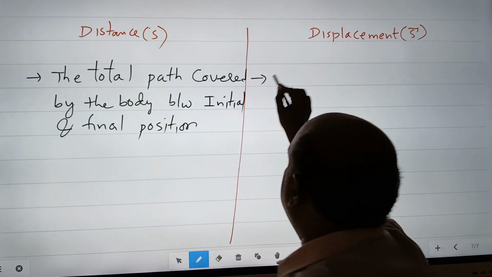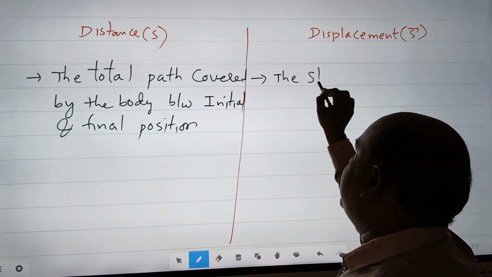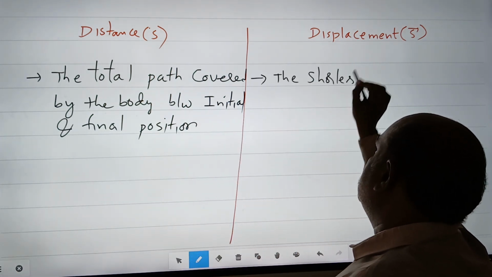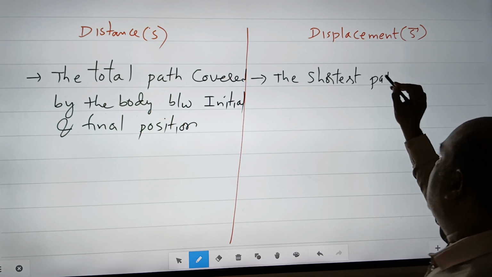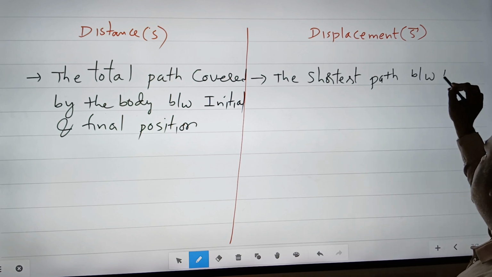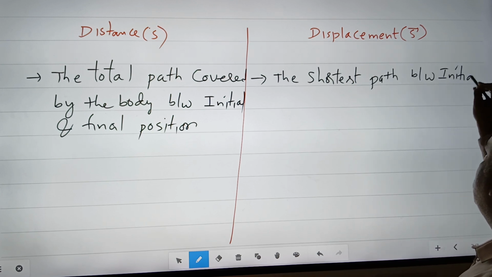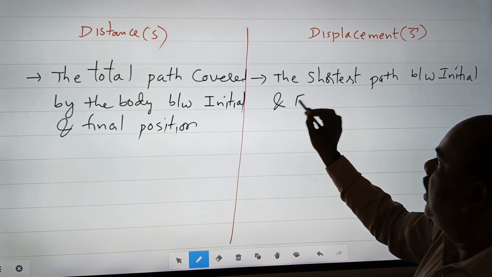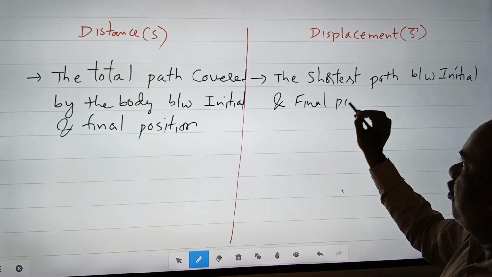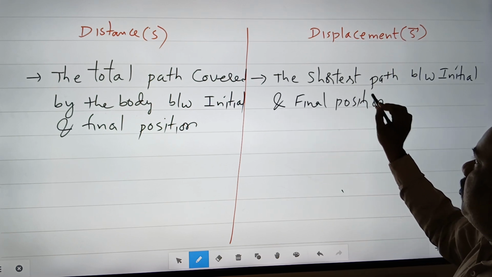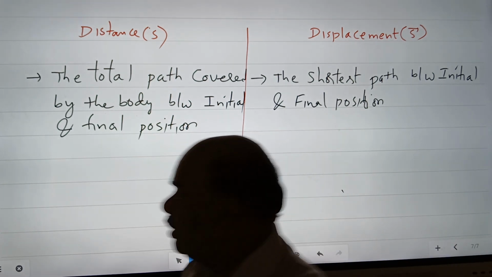What is displacement? The shortest path between initial and final position. This is the first definition of distance and displacement.